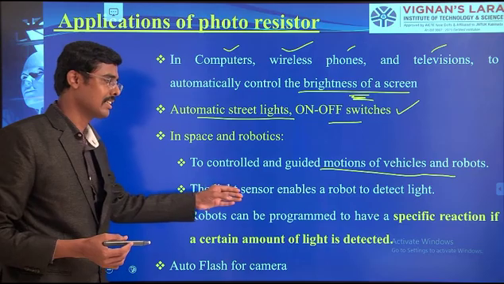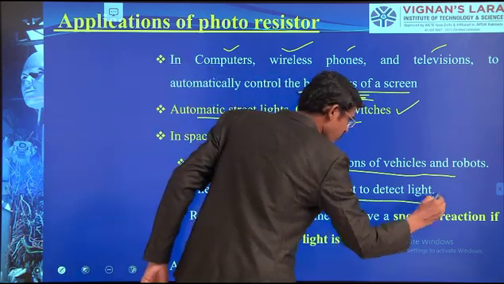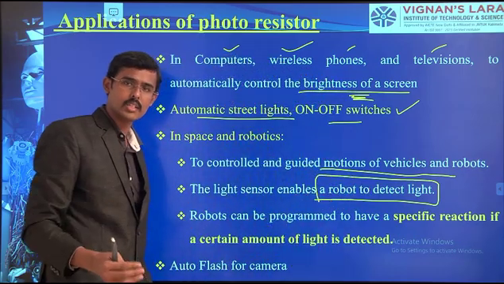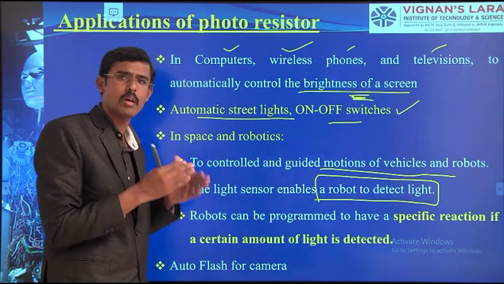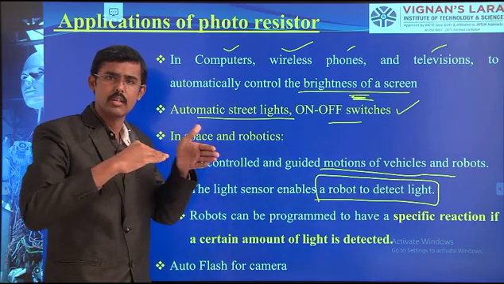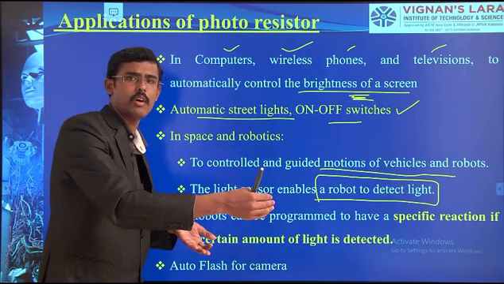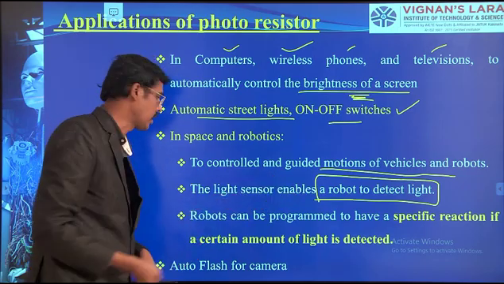The light sensors enable the robot to detect light. Very important: we have seen that when the light increases, the resistance reduces. The same can be used to detect whether light is available or not, for a door opening or not. Likewise, when an object moves inside, or the light increases or decreases, the robot detects it automatically. So we can use these sensors there.